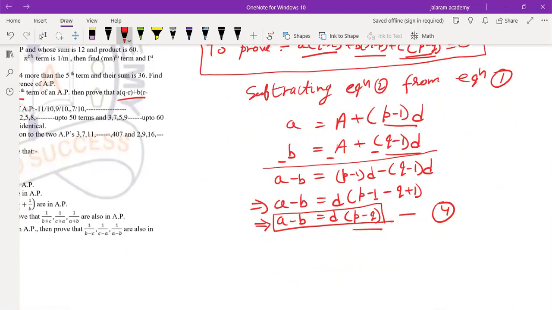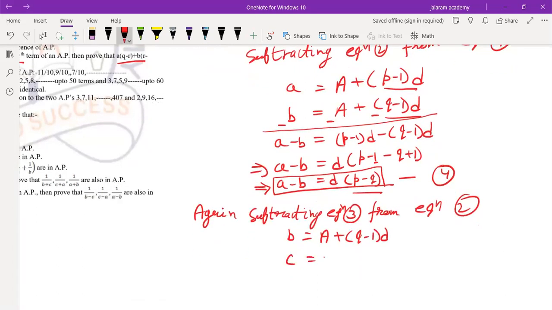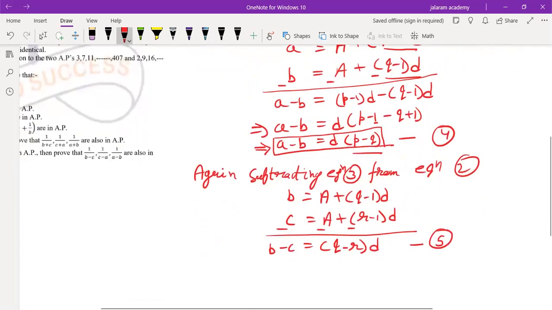So if we subtract equation third from equation 2, that is B equals to A plus Q minus 1 into D, and C equals to A plus R minus 1 into D, minus minus minus. So B minus C equals to A cancelled out. There will be Q minus R into D, which is taken as equation number 5.